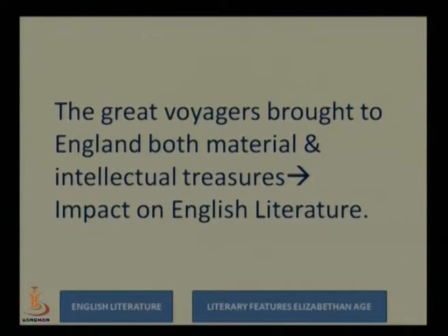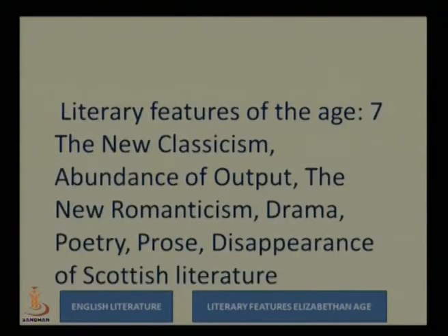They had influenced the English language and the literature of that language. But with these great voyages, a lot of material and intellectual treasures came into England, and this definitely had an impact on the literature written during the Elizabethan age.